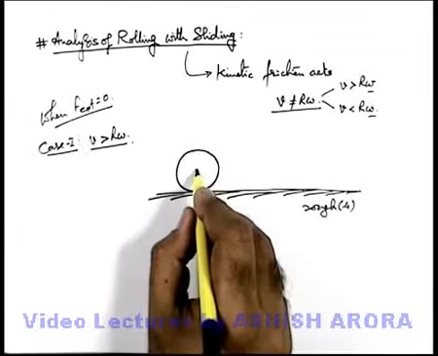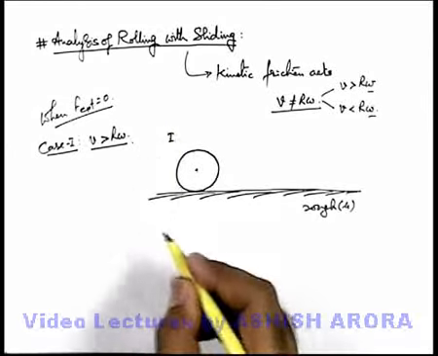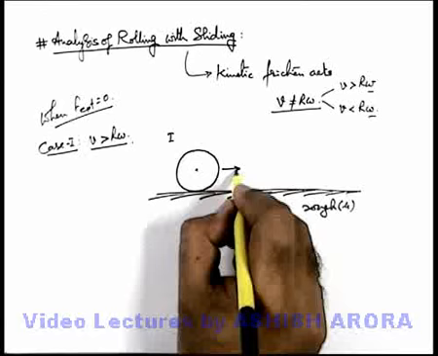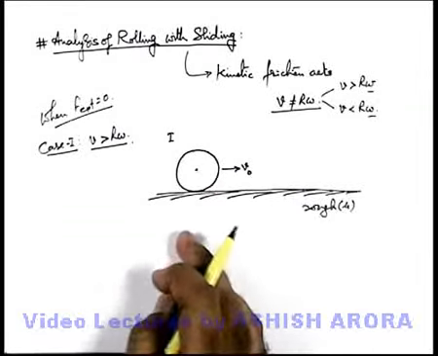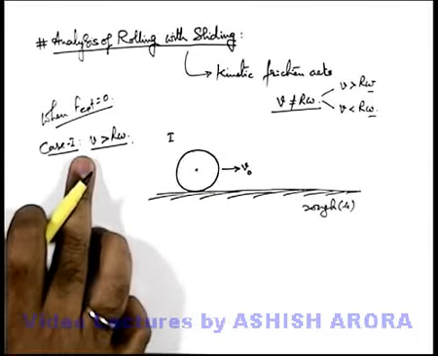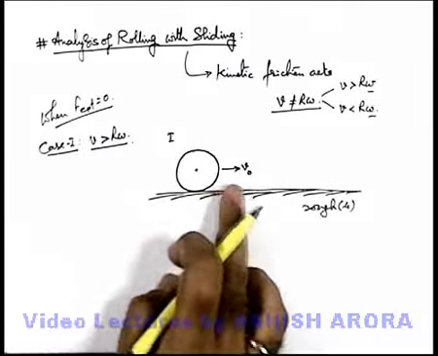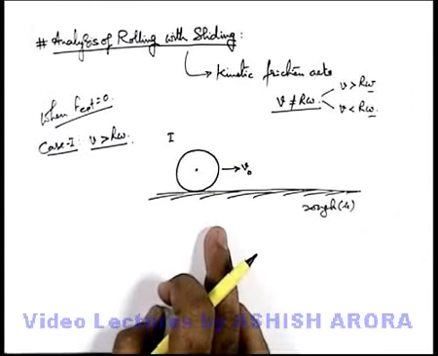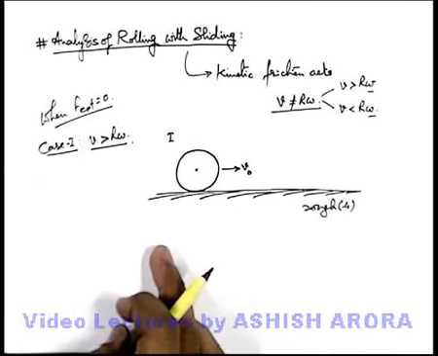Say this is a round shaped body having moment of inertia I, and suddenly a translational speed V0 is supplied to it without any rotational speed. So this is the situation V is more than R omega, because the initial translational velocity is V0 and no angular speed is given.